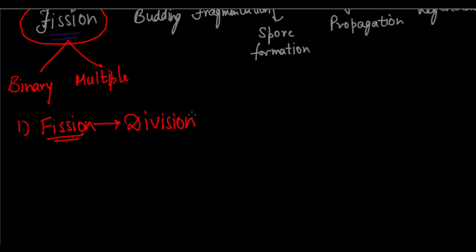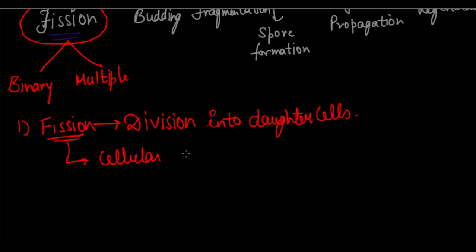So division into daughter cells. And this fission process is a cellular level reproduction. That is, it takes place at the cellular level. There are no complex organs, and it does not usually take place in multicellular organisms. It only takes place in unicellular organisms in the form of cell division.